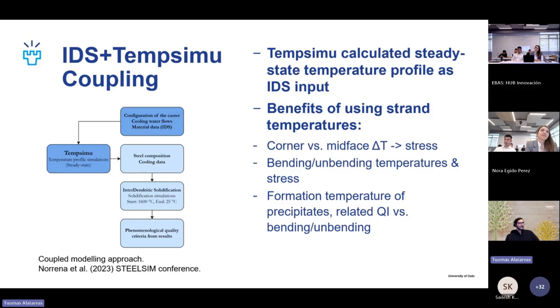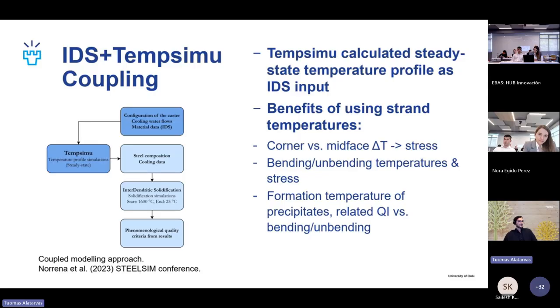And the benefits of using strand temperatures instead of constant cooling rates are that we can utilize these different temperatures in the continuous casting strand, for example, the temperature difference between the corner and the mid phase of the strand, and estimate the stress because of that.